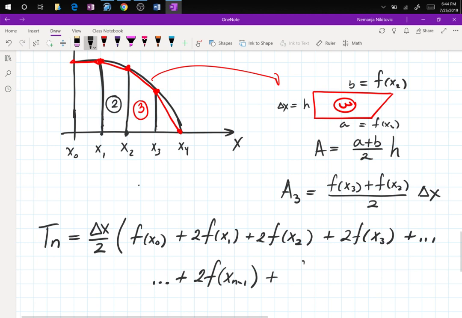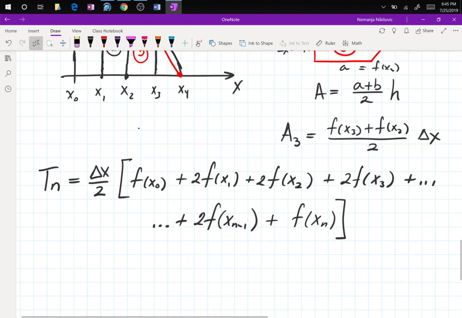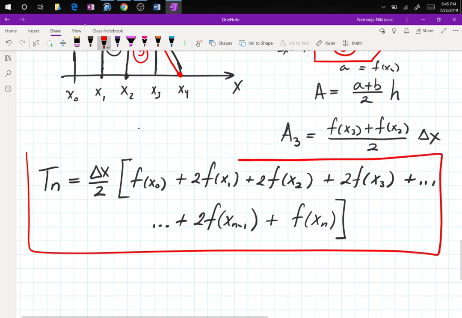And finally, the last one is single, f of xn. Use these brackets like this. This is a formula for trapezoid rule. The pattern for these values inside is 1, 2, 2, 2, 2, 2, 2, 2, 2, 2, 2, 2, 2, 1, depending on how many rectangles you have all together.